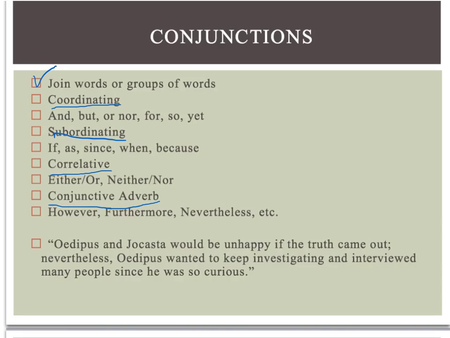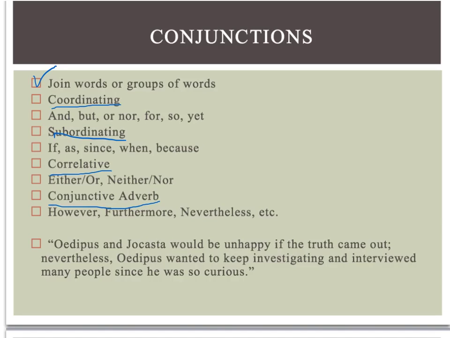So let's look at an example sentence that has a lot of conjunctions in it and talk about them. Here's our example. Oedipus and Jocasta would be unhappy if the truth came out. Nevertheless, Oedipus wanted to keep investigating and interviewed many people since he was so curious. That sentence pretty accurately sums up why Oedipus keeps investigating, even though lots of people keep telling him not to, and it uses a lot of conjunctions.